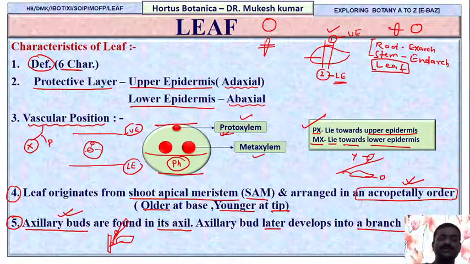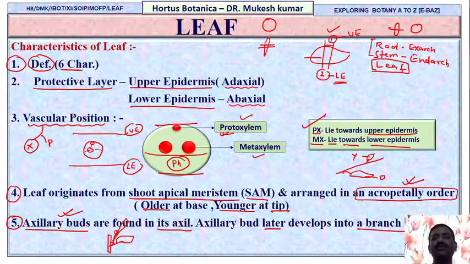So my dear students, friends, in total we have here 5 important characters. First, from the definition, what I told you. Second, I told you how we have a protective layer, that is the upper epidermis, the adaxial surface, and the lower epidermis, yes, the abaxial surface. Third, with respect to the vascular position, we have protoxylem towards the upper epidermis and the metaxylem towards the lower epidermis. From where do they arise?